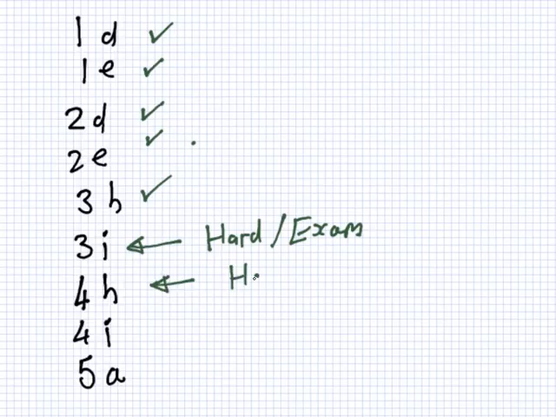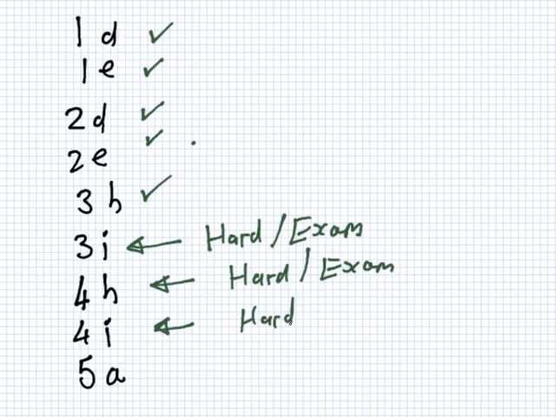This one is hard, and again, it could be on the exam, but very unlikely. This one is hard, and I don't expect it on the exam. And 5A is hard, and I'd be shocked if it was on the exam. It shouldn't be.